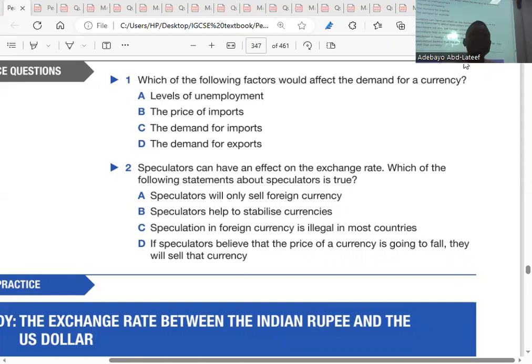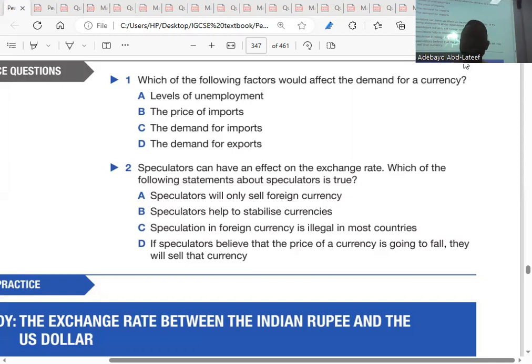Who are the bear? The bear are those people who think that prices will fall in the future. They sell their stock right now because they are pessimistic about the future. We call them the bear. Those who buy now, hoping that prices will rise in the future, we call them the bull.